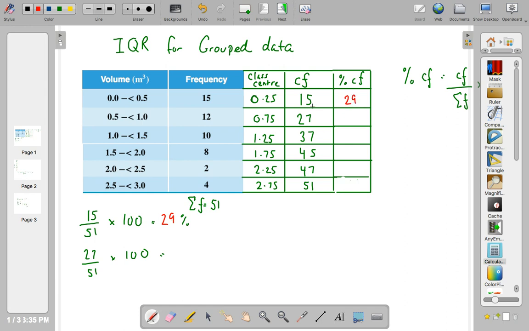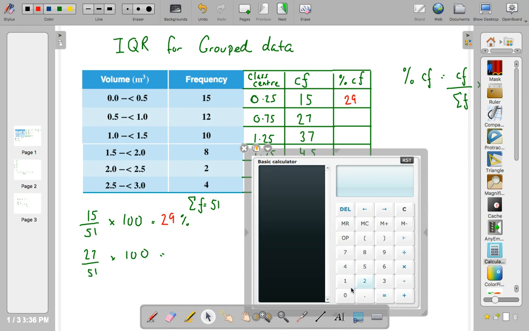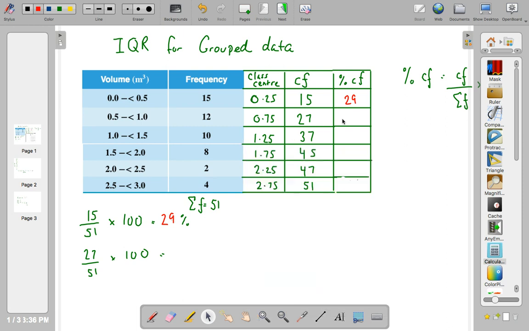Next one would be 27 divided by 51 times 100. Okay, so once again, you can work that out on the calculator. 27 divided by 51 times 100 equals, and that's 53%.